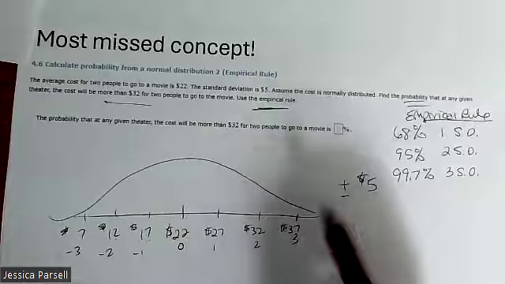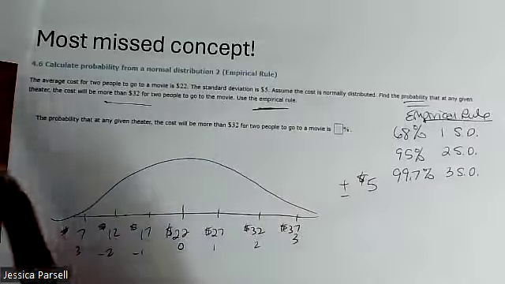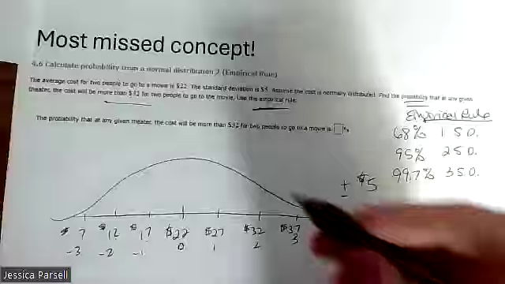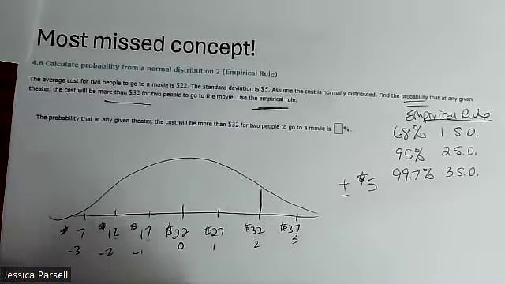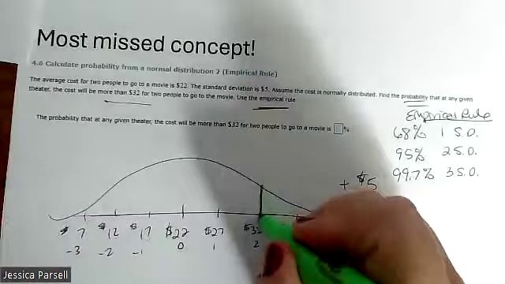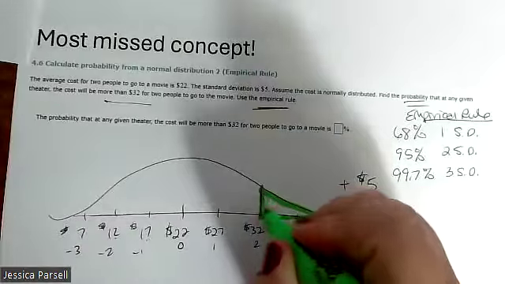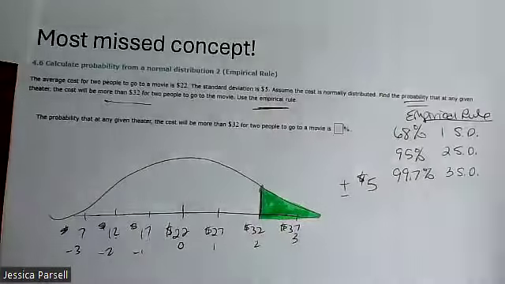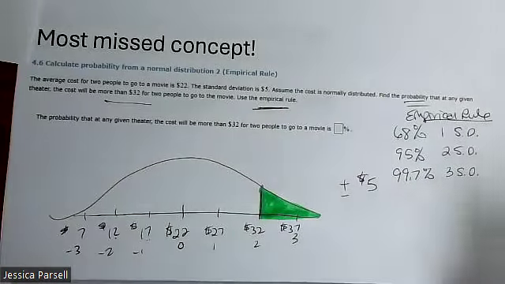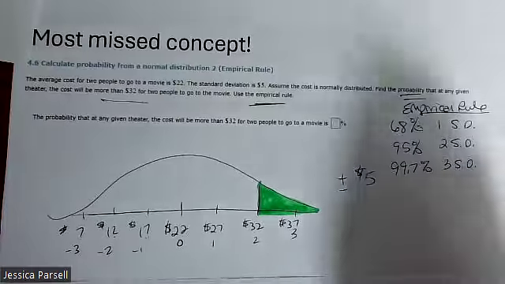Okay, let's do some shading. Find the probability that at any given theater, the cost will be more than $32. So more than 32, it's going to be the probability of somewhere in here. Let's put our empirical rule over top.